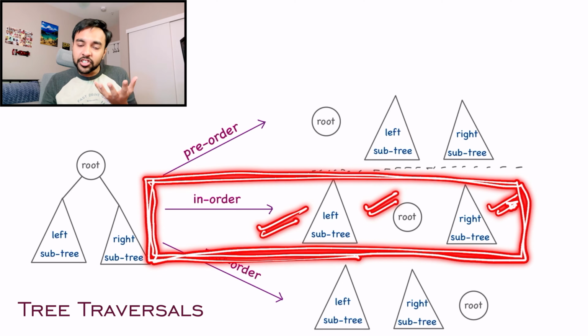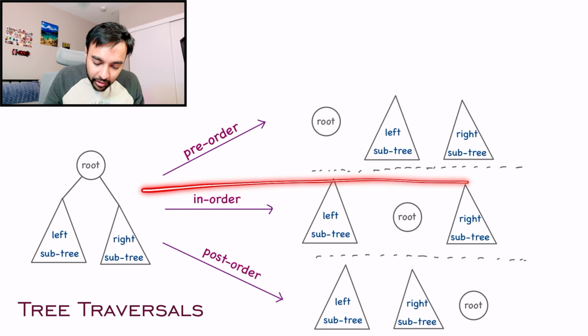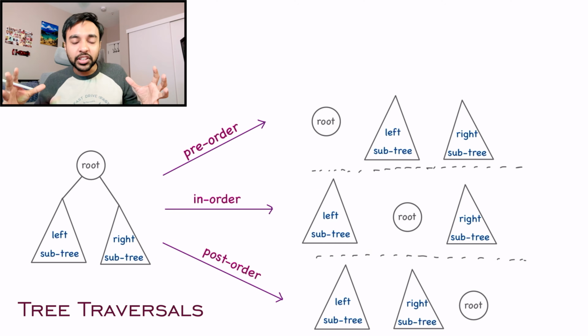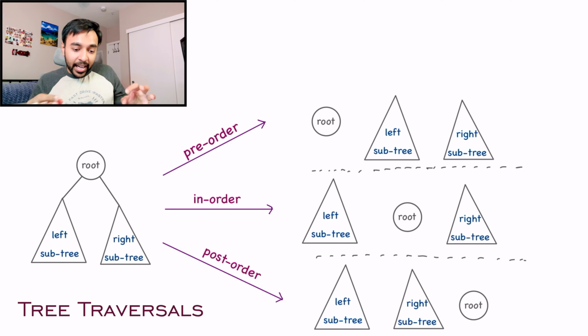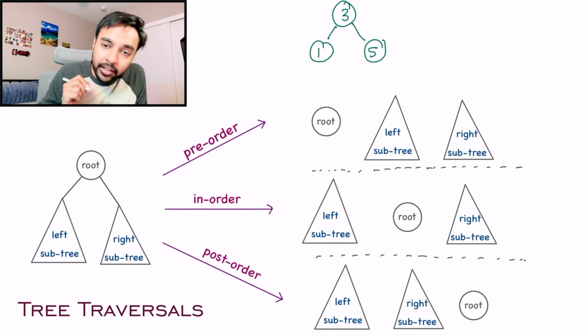That is how the binary search tree works, right? So if I do an in-order traversal of a tree and I get a sorted sequence, that means I have just done an in-order traversal of a binary search tree. So just try to think like this. Suppose I have a tree like 3, then 1, and then 5, right?